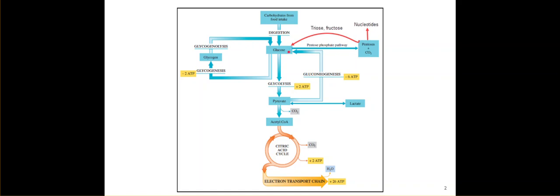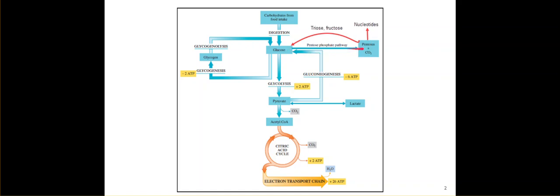And then we have excess glucose that can also be sent through what's called the pentose phosphate pathway to make pentose sugars and carbon dioxide. And these can be used to make nucleotides.